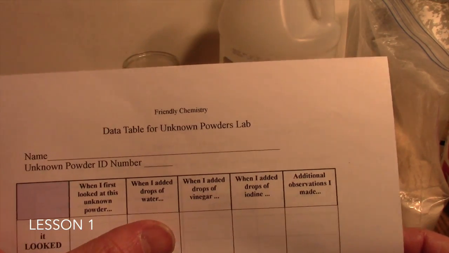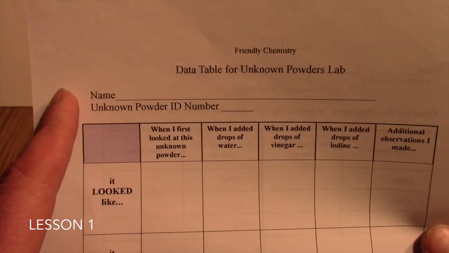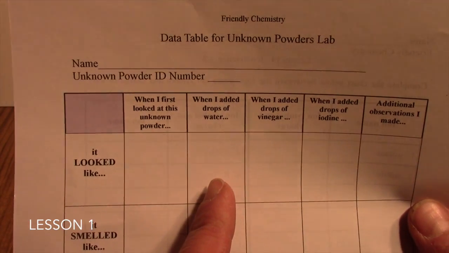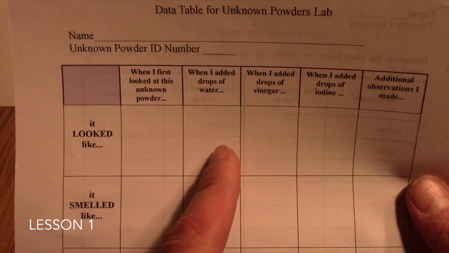And then the next column says, when I added drops of water, and they'll go right down the sheet here. They add a few drops of water to it so it looks like, it smells like, it feels like, if it makes any sounds. Okay, and then they won't taste it any longer after they add water to it. The only tasting is done when they have the dry powder.